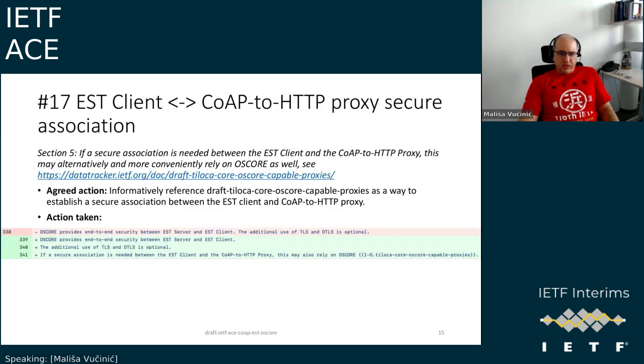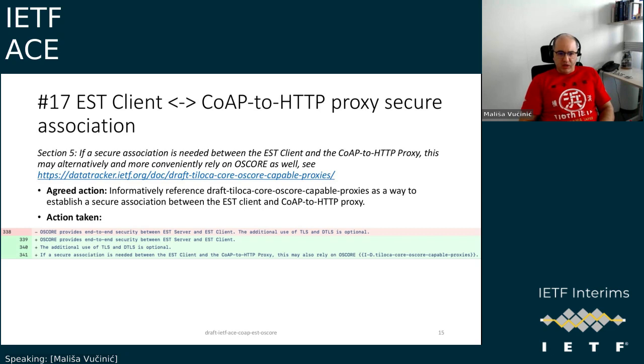Finally, there is issue number 17. It was based on a comment on the secure association between the EST client and the CoAP-to-HTTP proxy, where Marco stated that this may alternatively and more conveniently rely on OSCORE.